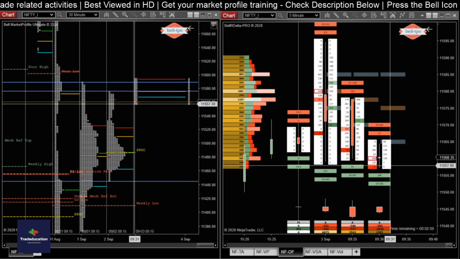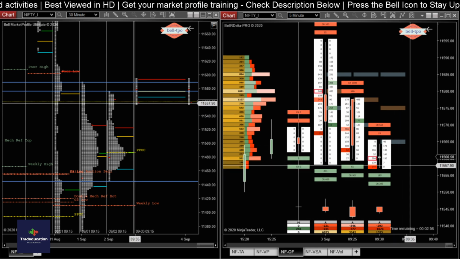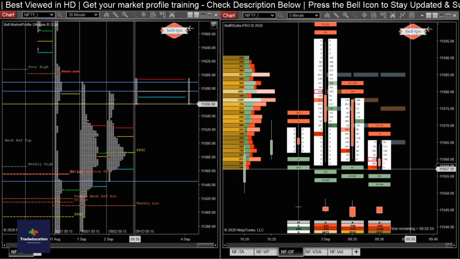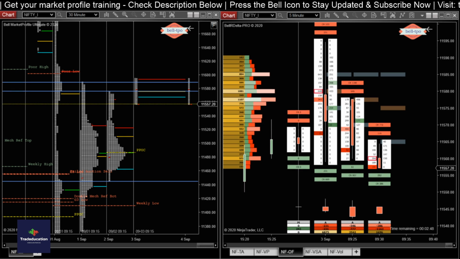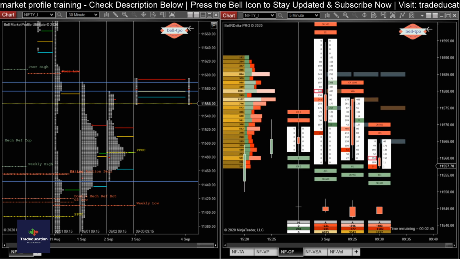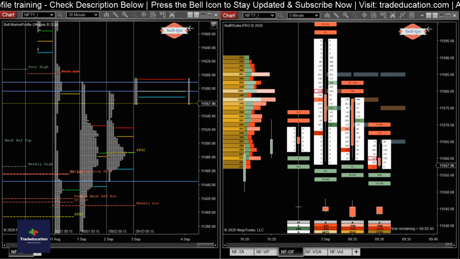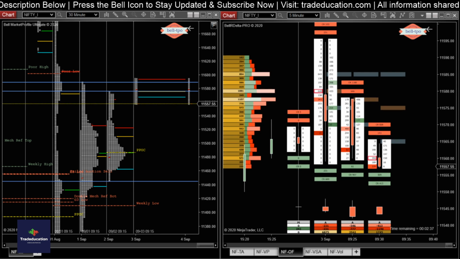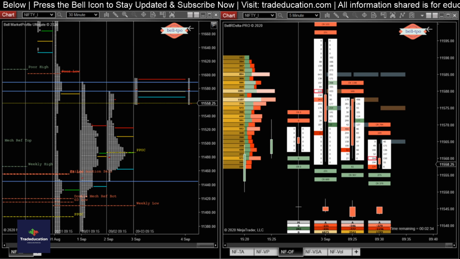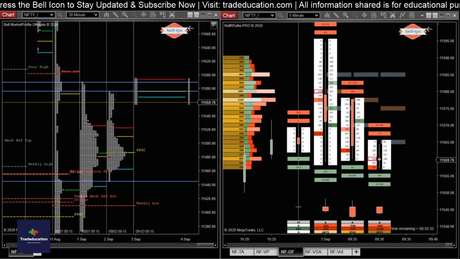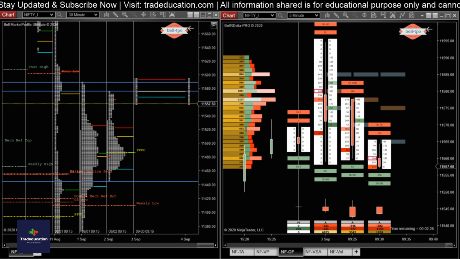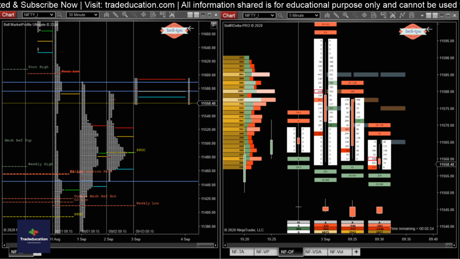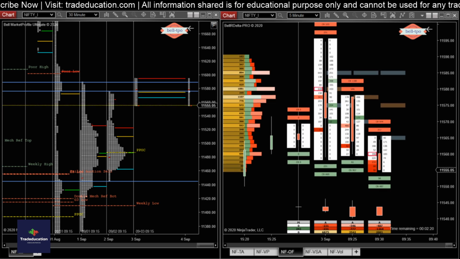Okay, so buyers not so strong. Looks like we will be seeing some downward momentum. Okay, so again, now sellers stepping in.